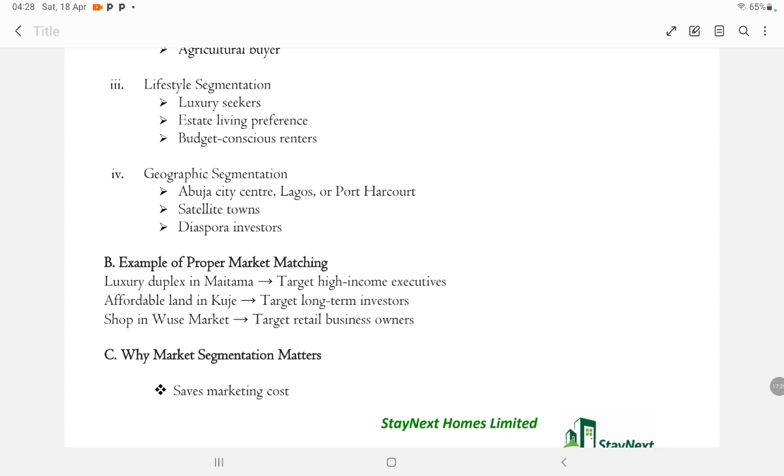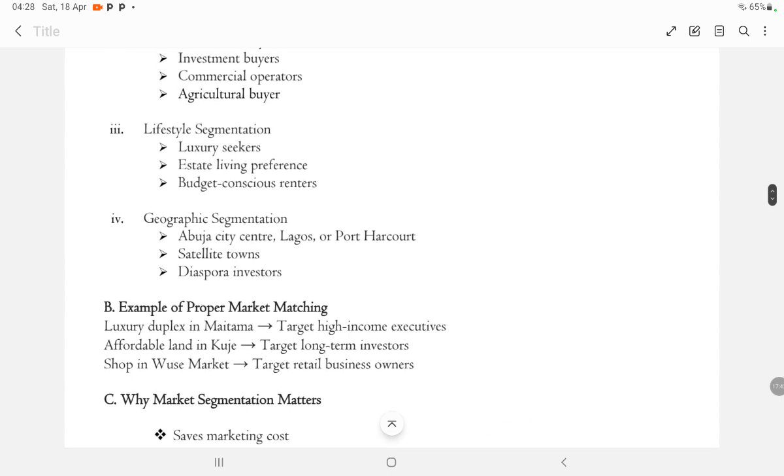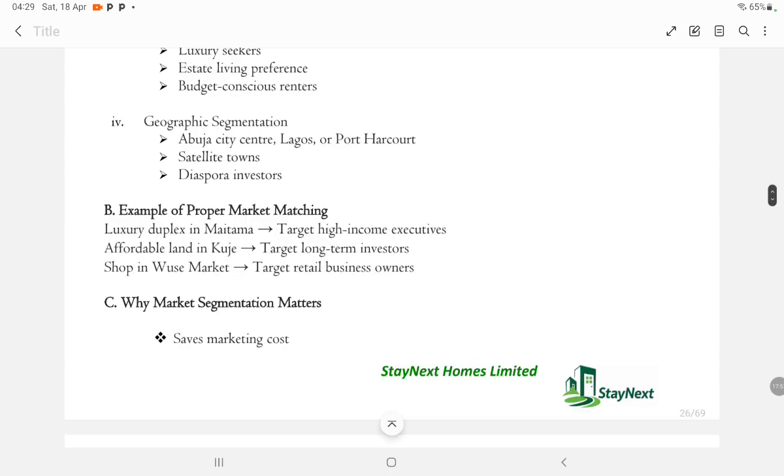Like I said, in Port Harcourt you have GRA, where government people and senior men live, so they love to say GRA. And we also have geographical segmentation. It can be Abuja, it can be Lagos. These are the segmentations you need to know as a consultant, StayNext ambassador, or agent.